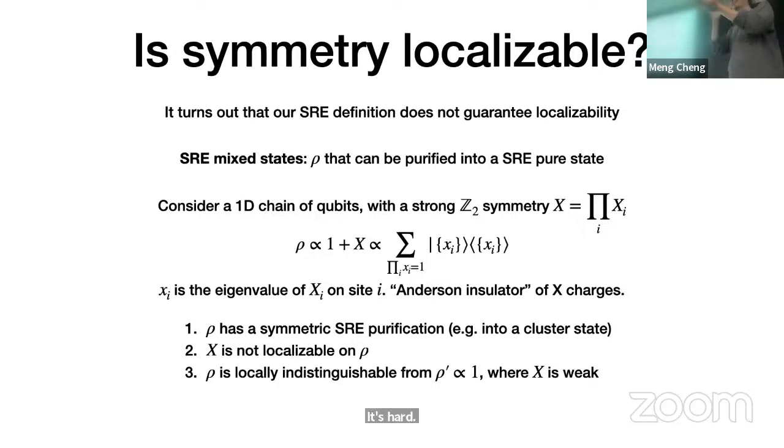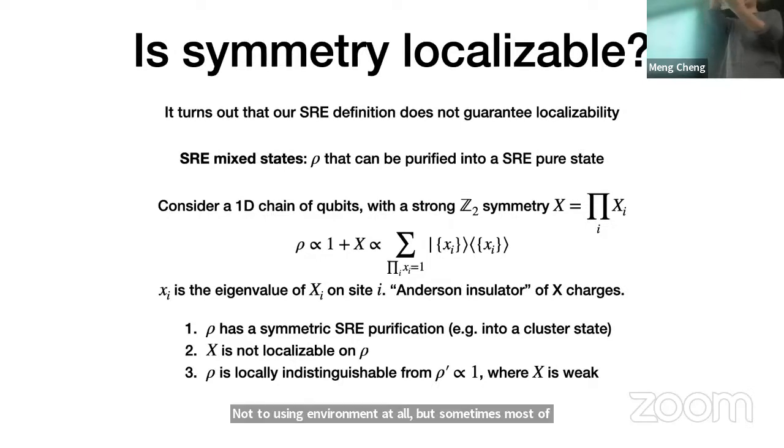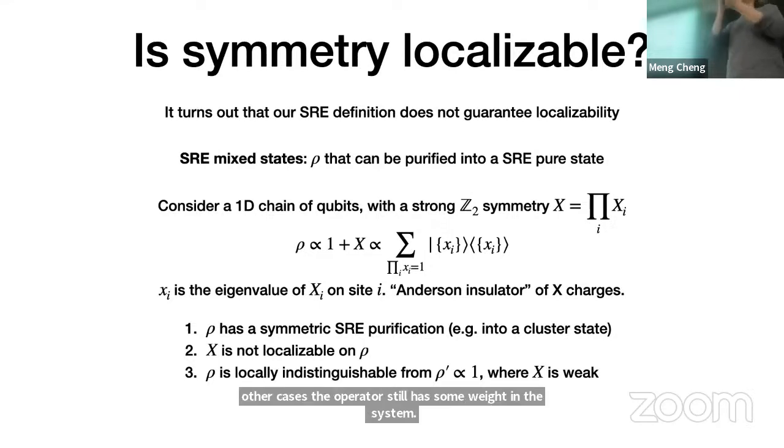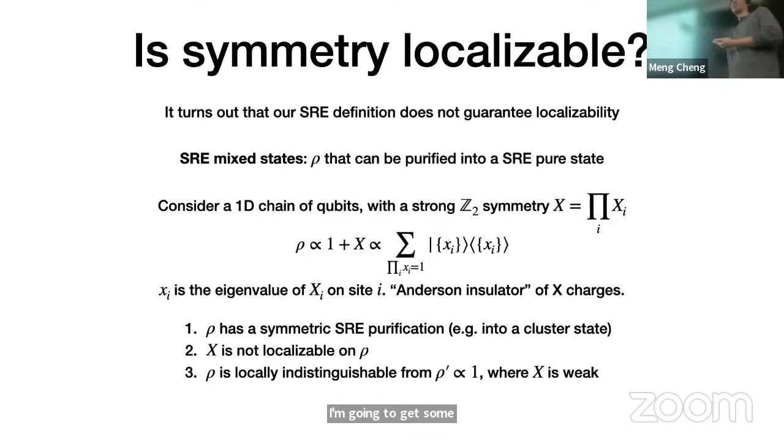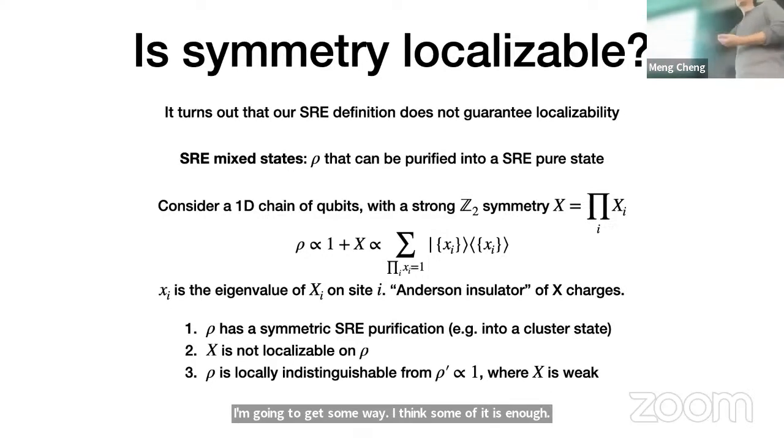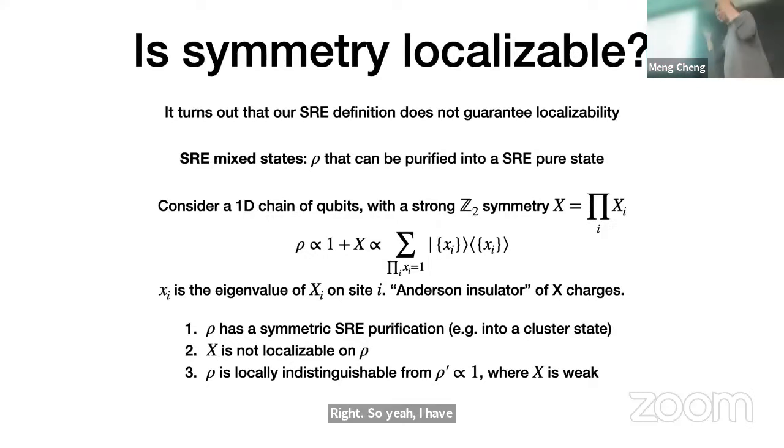But in many other cases, the operator still has some weight in the system. As long as there's some weight, I think some weight is enough. Yeah, but here the entire operator is supported on the environment and traced out, right? So I found it quite unexpected that you can actually purify it into a short-range entangled state.